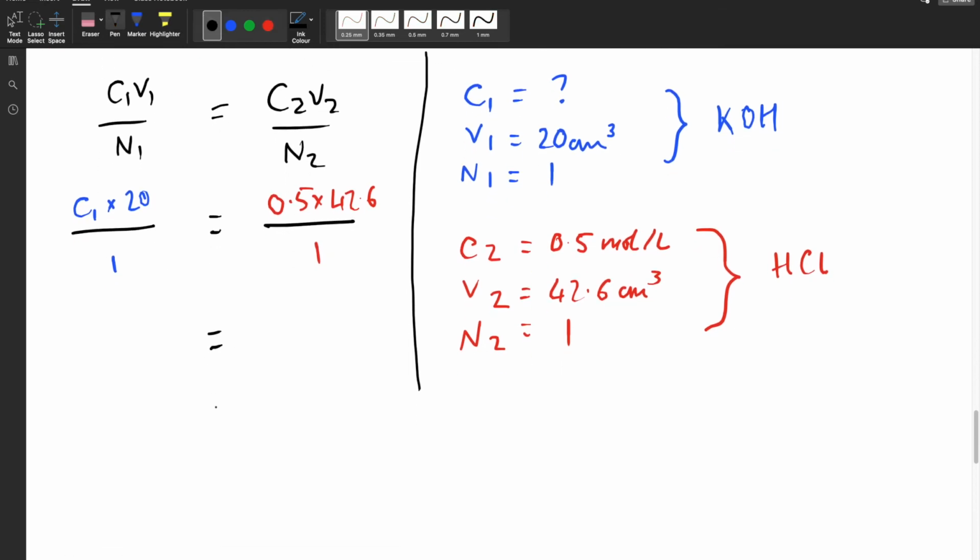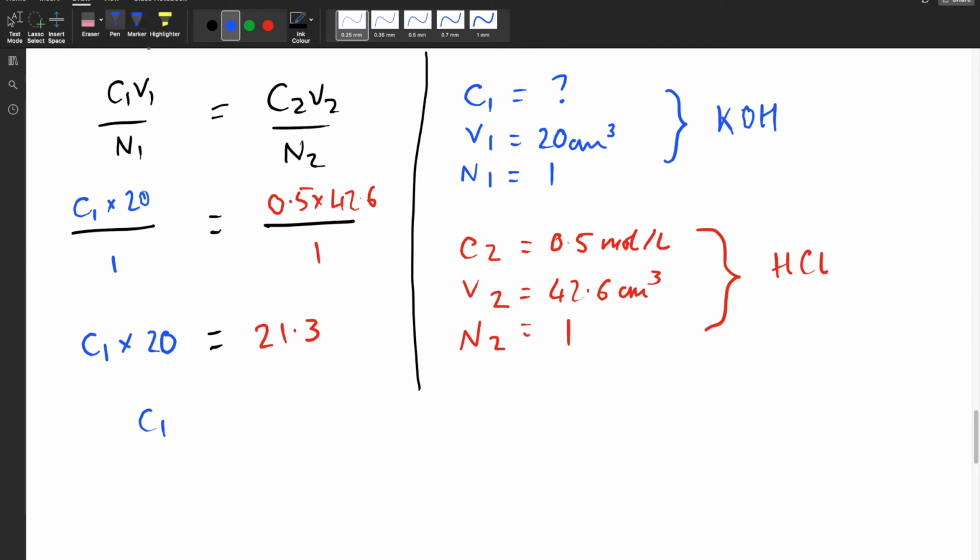And if you put those numbers into your calculator, you will find that for this side you will get 21.3, and for this side you will still end up with C1 times 20. Okay, so we want to figure out what C1 is, therefore we need to divide all of this by 20, that side and that side.